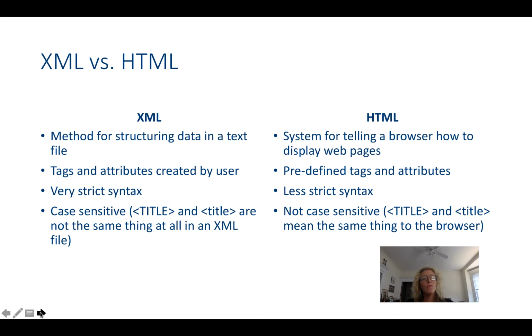XML is a method for structuring data in a text file. HTML is a system for telling a browser how to display web pages, as you know. And again, as I mentioned earlier, the XML tags are generated by the user, whereas HTML tags are already defined, and also the attributes are already defined in HTML.